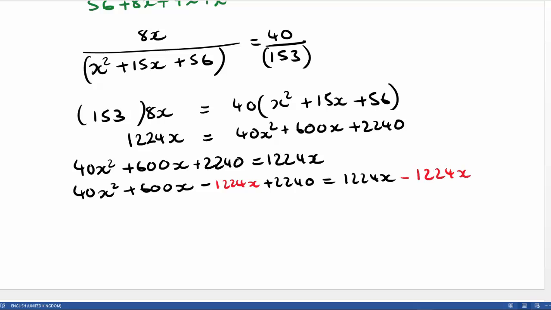Okay, that's just going to sum off to give you 0 on the right hand side. I'm going to be left with 40x squared. Okay, and we're going to do 600x minus 1224x, which is going to give me minus 624x plus 2240 is equal to 0.